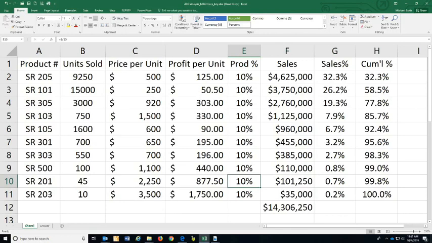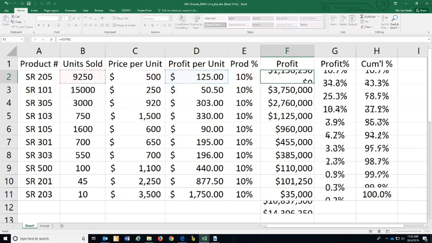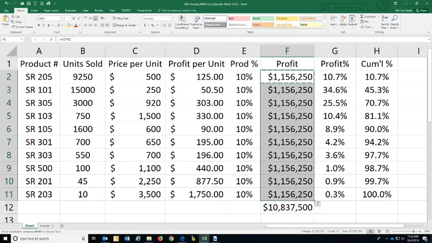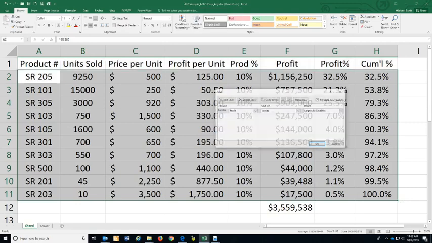All right. The other way that we often do this is just go by profit. Okay, well, to do it by profit instead of going by sales, if we do the profit percentage, then you take the profit per unit times the units sold, and it's going to give you pretty much a similar answer.